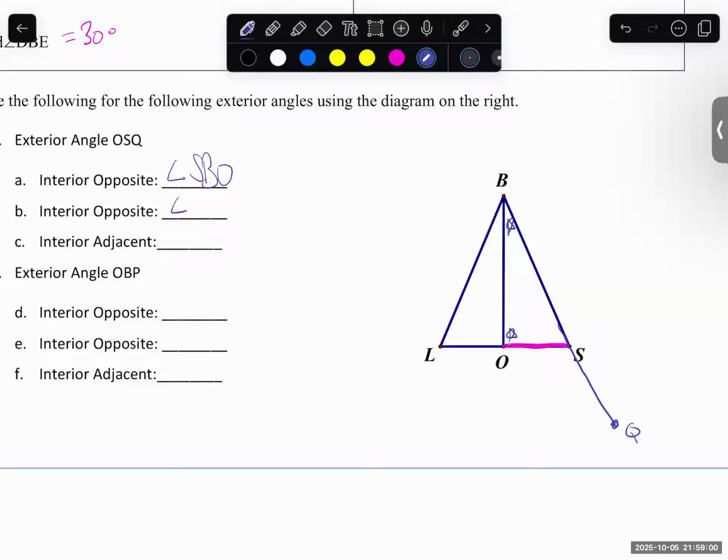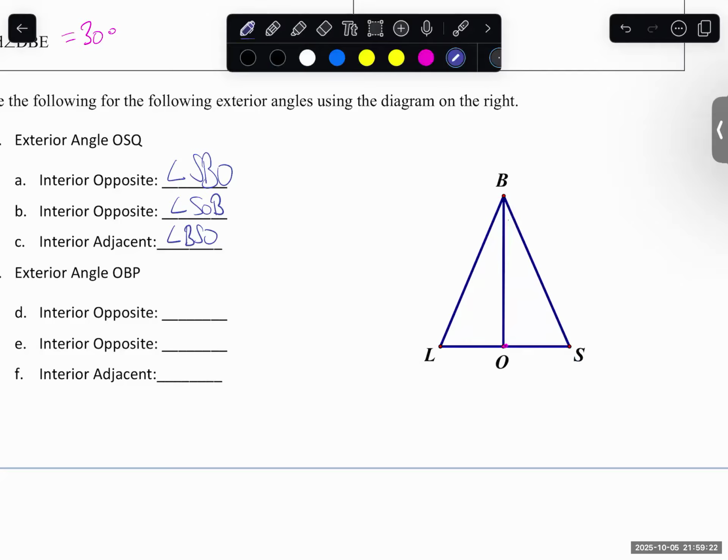So SOB, and then interior adjacent would be BSO. I would have also taken this angle here and this angle here. Sorry, it's confusing. Nope, we're just gonna stick with it. So I would have taken a few answers on there.